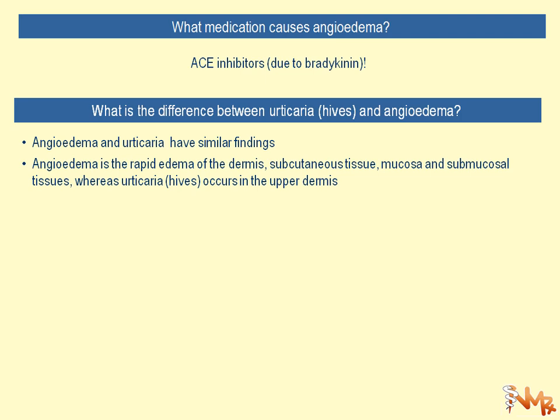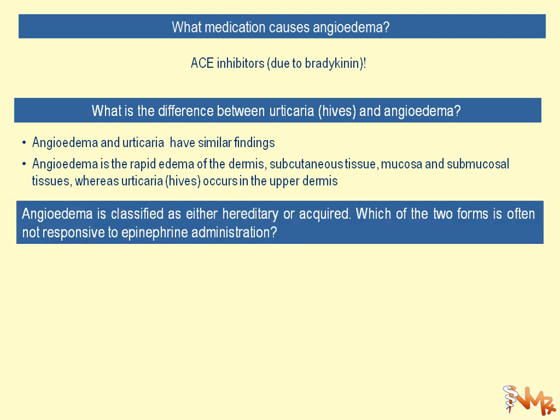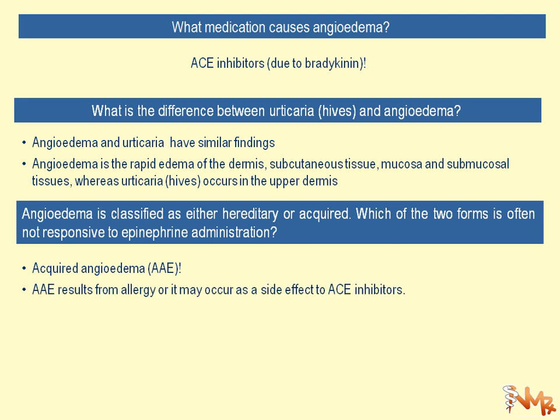Angioedema is classified as either hereditary or acquired. Which of the two forms is often not responsive to epinephrine administration? Actually, this is the acquired version, acquired angioedema. Acquired results from allergy, or it may occur as a side effect of ACE inhibitors.